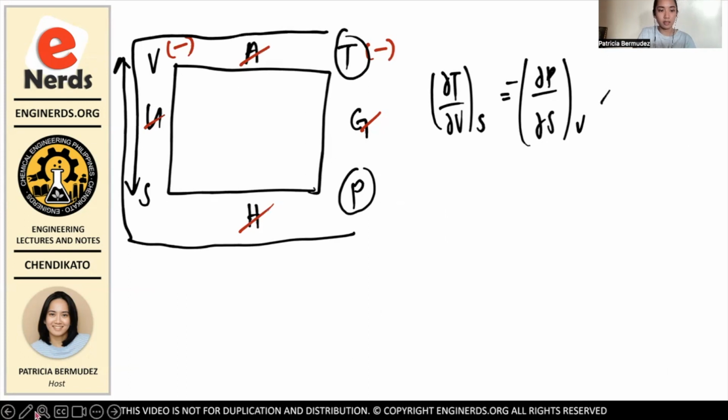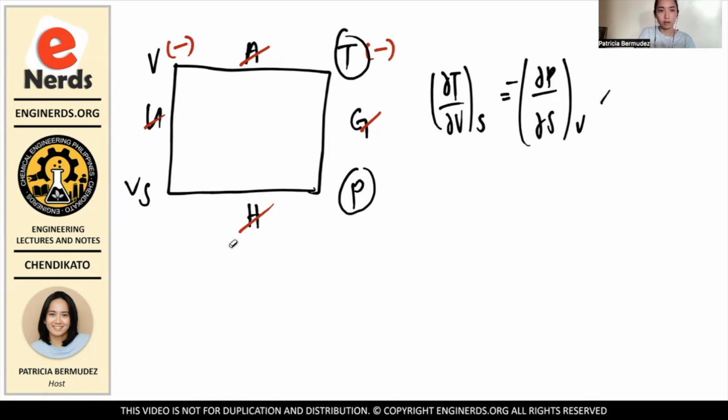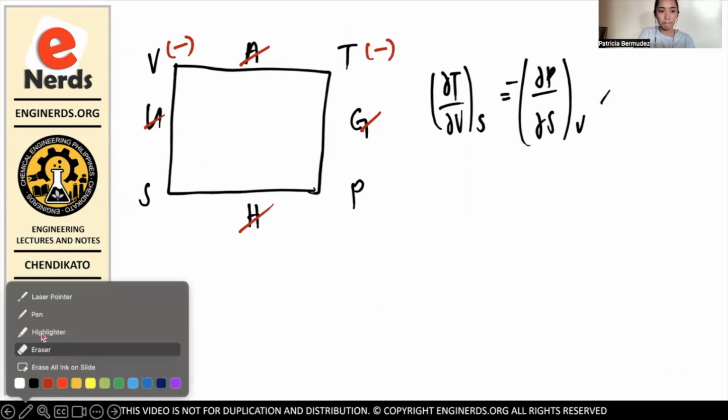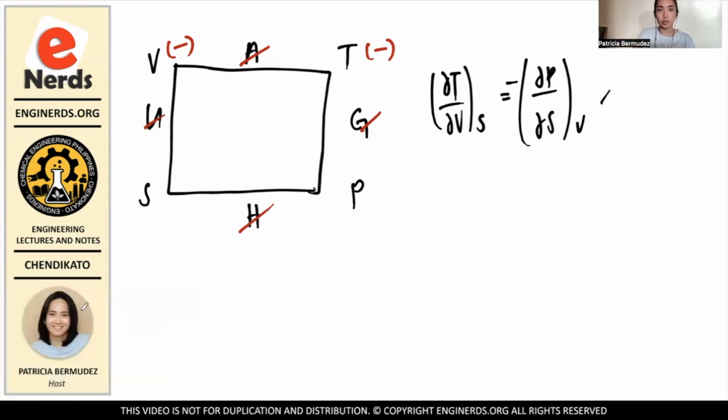So next, you can start at whichever you want. Okay? So let's start at T again, but this time, let's go the opposite direction. Kanina, we went from T to V to S. This time, let's go from T to P to S. Okay? So we go this way.